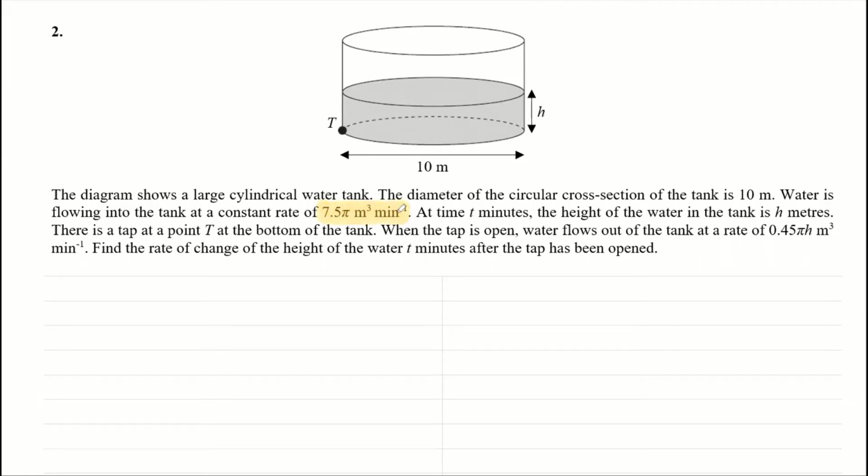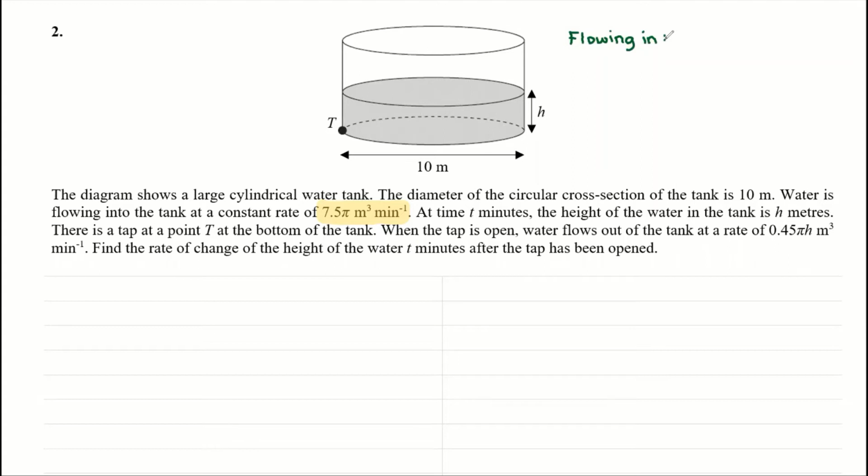That's important. So can we write this down as a derivative? Well, this is water flowing in. So I'm just going to make sure this is really clear. So flowing in, now we have 7.5 pi cubic meters per minute.